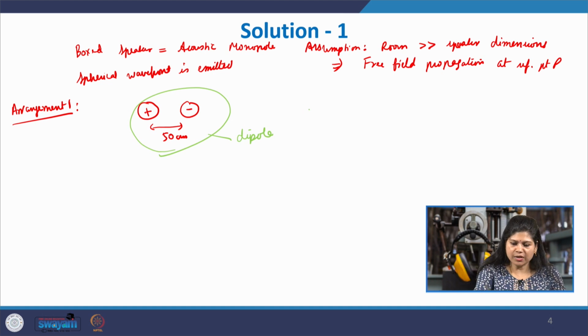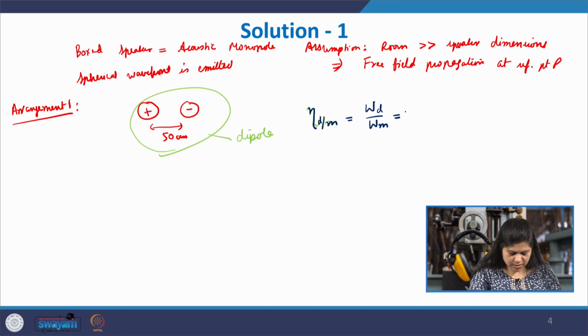Let us find out the radiation efficiency of this dipole with respect to the monopole. So, eta d by m should be W_D by W_m, which is given as k squared L1 squared by 3. This is what has been found in the previous lectures. Which means the energy radiated by arrangement 1 with respect to the energy of a single speaker is given by this. So, let us find out what this is.